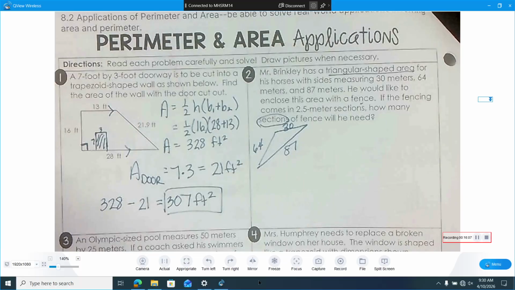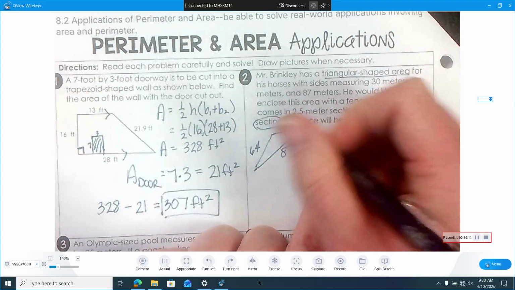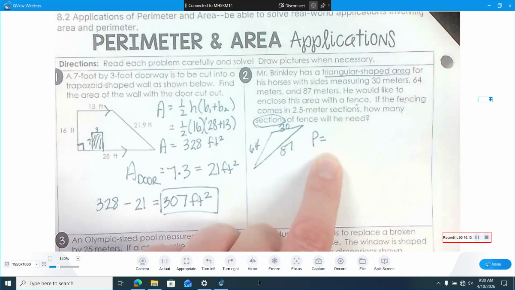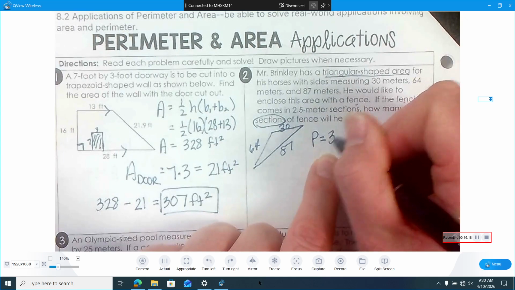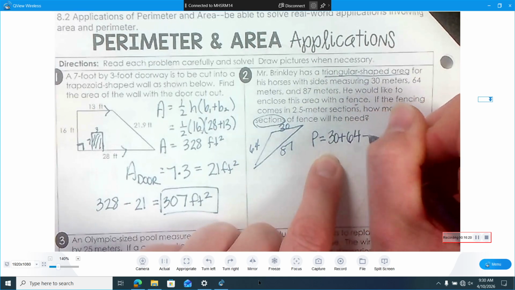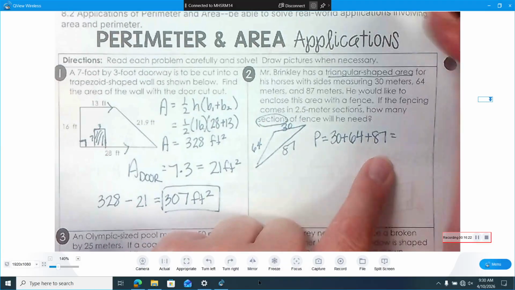What do we need to know first? The perimeter, very good. The perimeter of his triangular yard is going to be what? All of them added up. So 30 plus 64 plus 87. Plug that in for me.